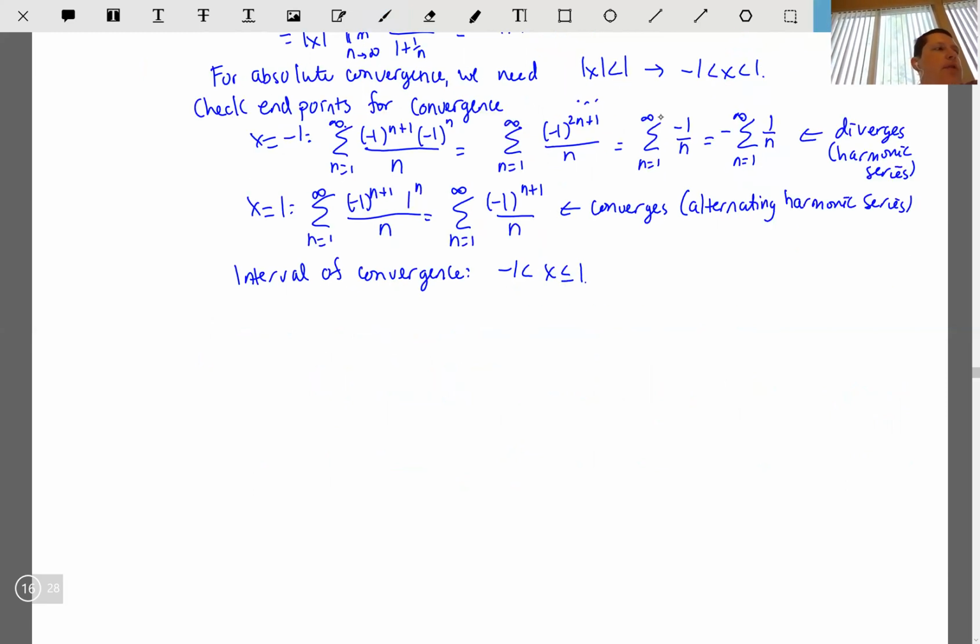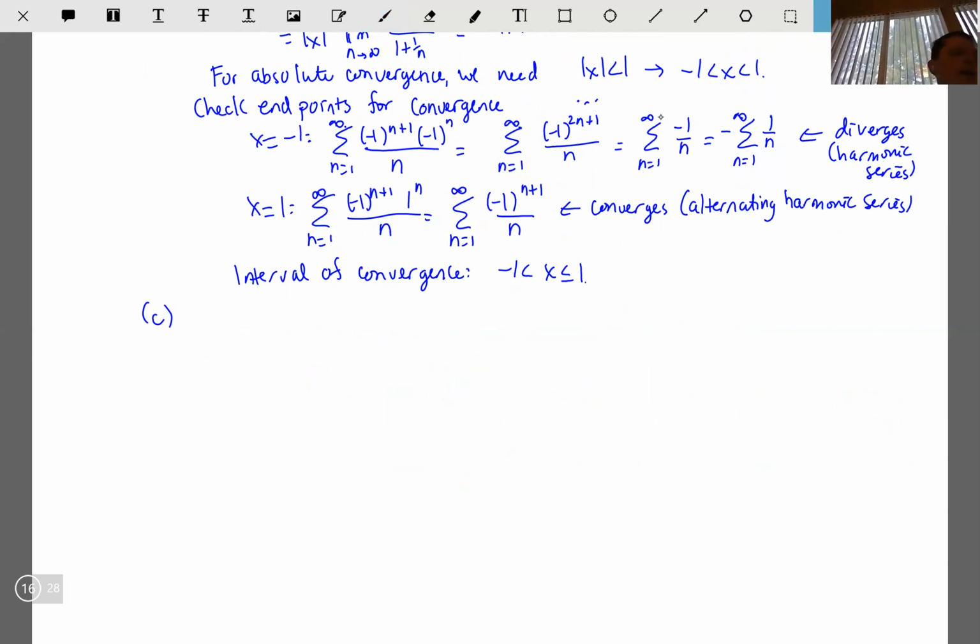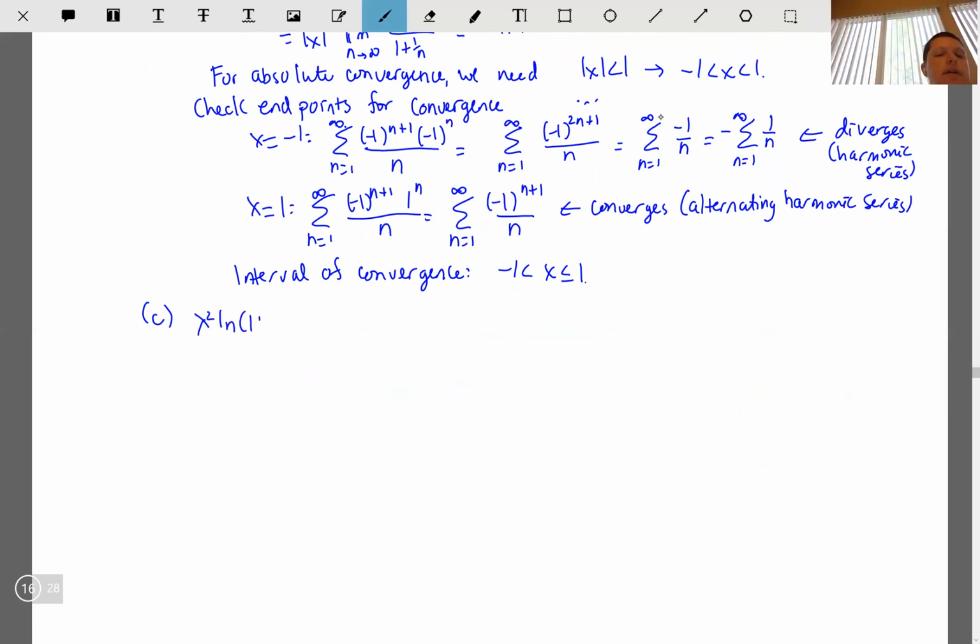I believe there was a part C that said, play with me. Find the Taylor series for x squared natural log of 1 plus x. Right, so I have x squared times, so what's our series? x minus 1/2 x squared plus 1/3 x cubed minus 1/4 x to the 4th, and so on.